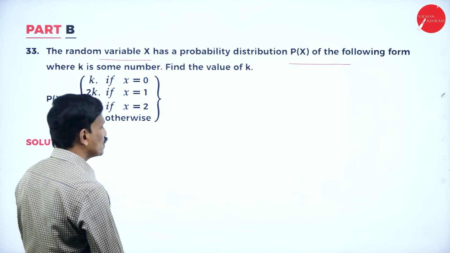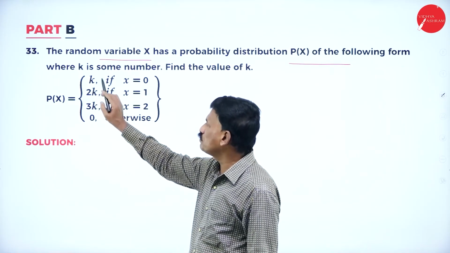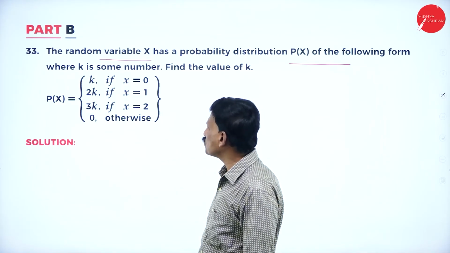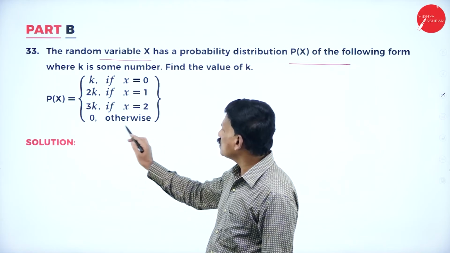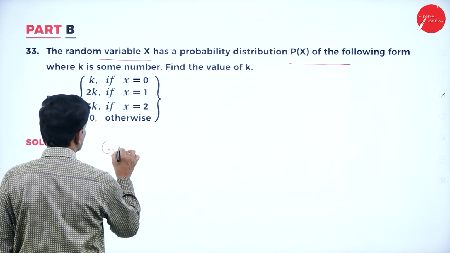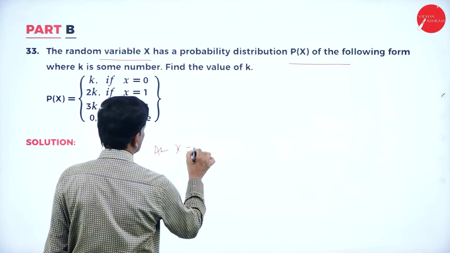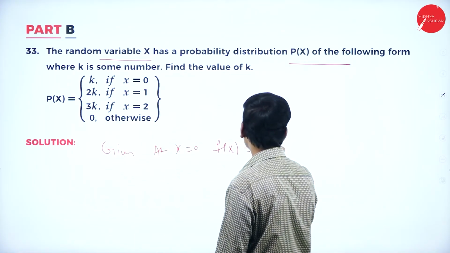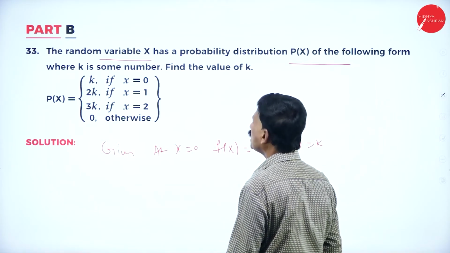What is given? Probability distribution of x. When x is equal to 0, p of x is k. When x is equal to 1, p of x is 2k. When x is equal to 2, p of x is 3k and 0 otherwise. Now what is given here? At x is equal to 0, p of x is equal to k.